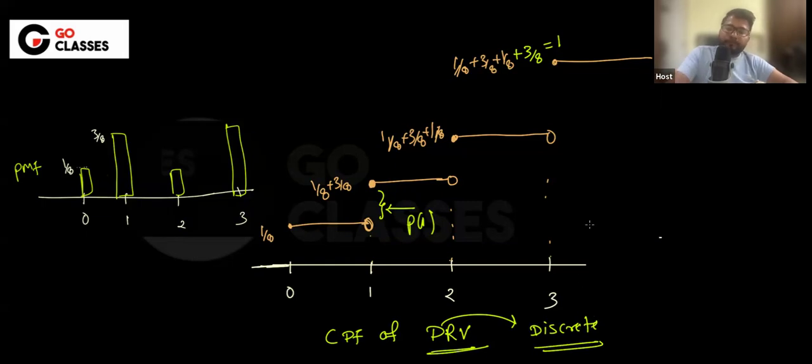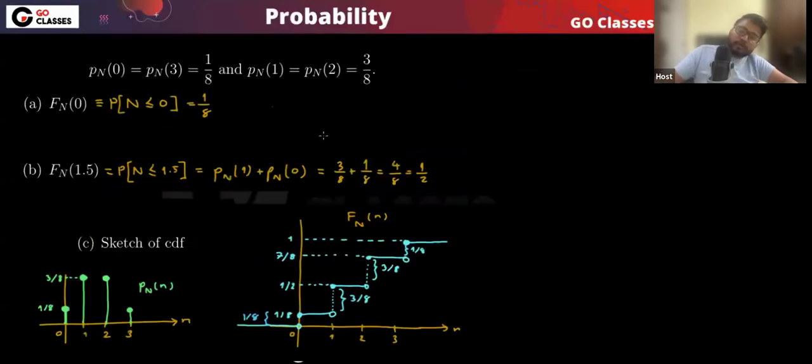So see here, the jumps are 3 by 8, 3 by 8, based on the probability basically. See, till 0, there was nothing. And then 1 by 8 jump. Then 1 and 2, I think, have the 3 by 8 jump. And then again 1 by 8 jump, right?